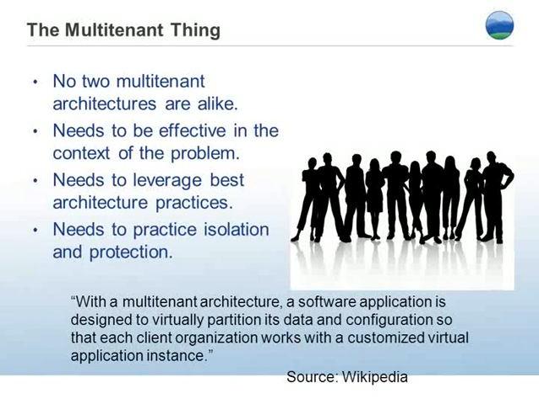And the way in which you design the multi-tenant architecture around those requirements are going to be very different from problem domain to problem domain. You need to leverage best architecture practices, and you need to look at some of the older stuff we've been doing with architecture and make sure you bring that forward. And you need to practice isolation and protection, the ability to basically isolate the resources and provide protection from other tenants in the system. It's very important.